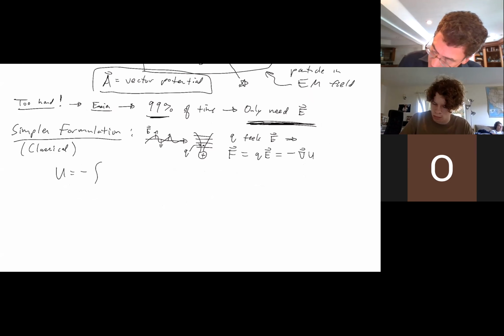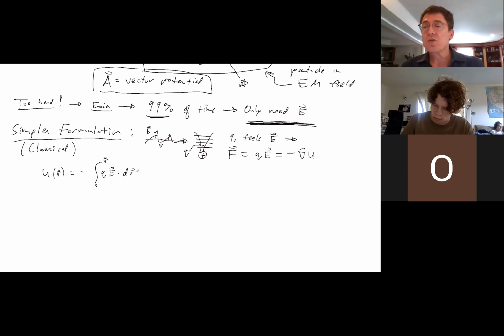So integrate both sides, and then we get that U is equal to negative Q E dot dr from 0. We do all these things correctly. So then this would be U of r.